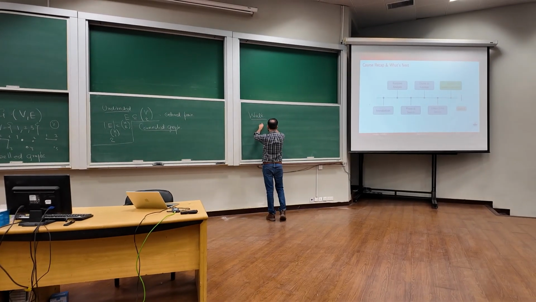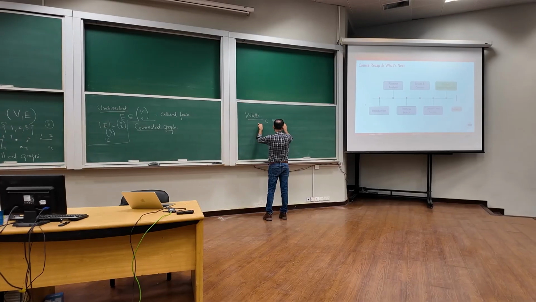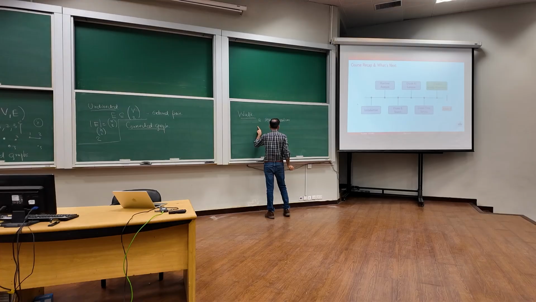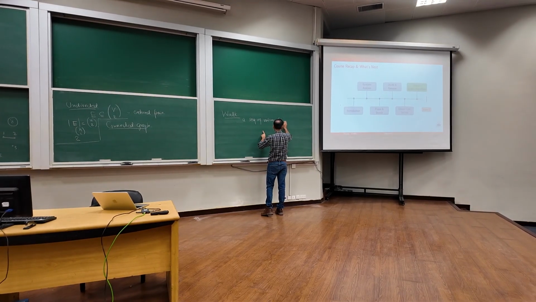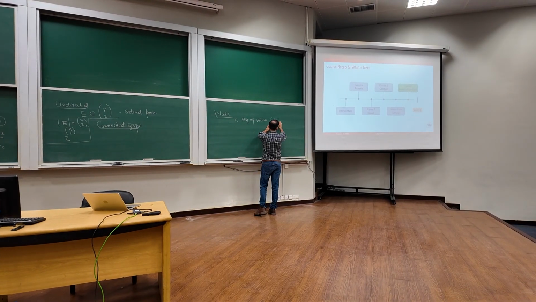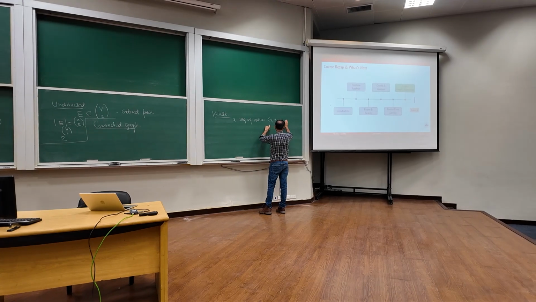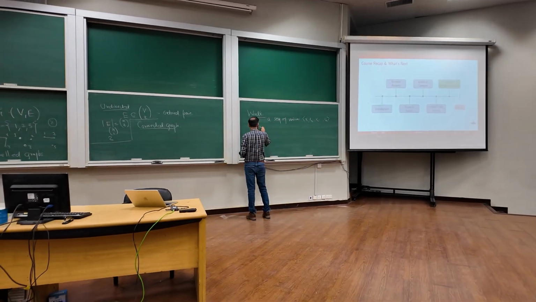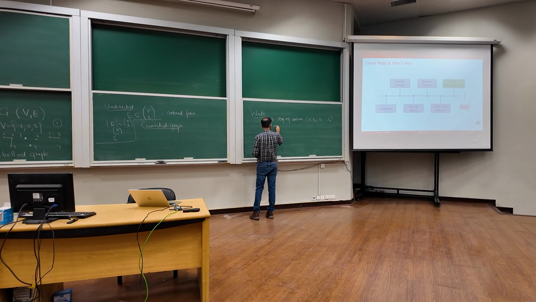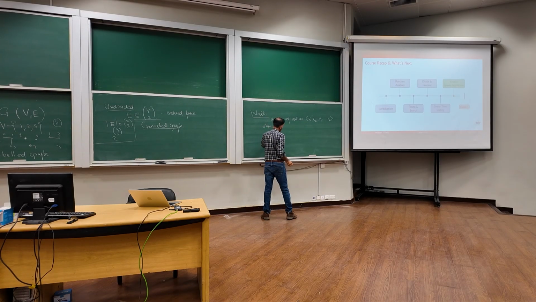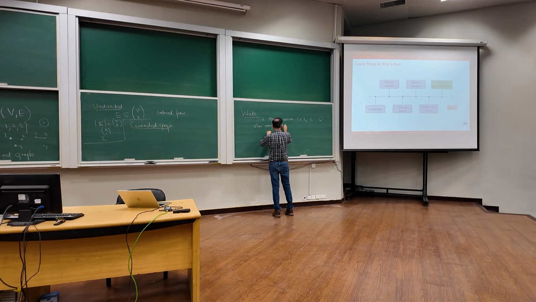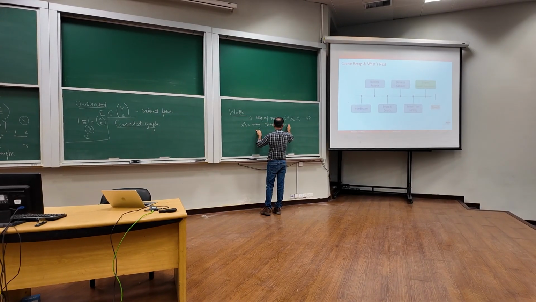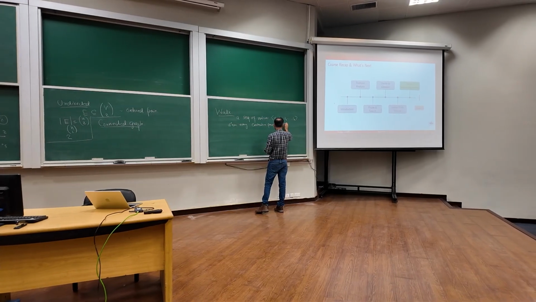A walk is a sequence of vertices V1, V2, V3, ..., Vk, where every consecutive pair is an edge.